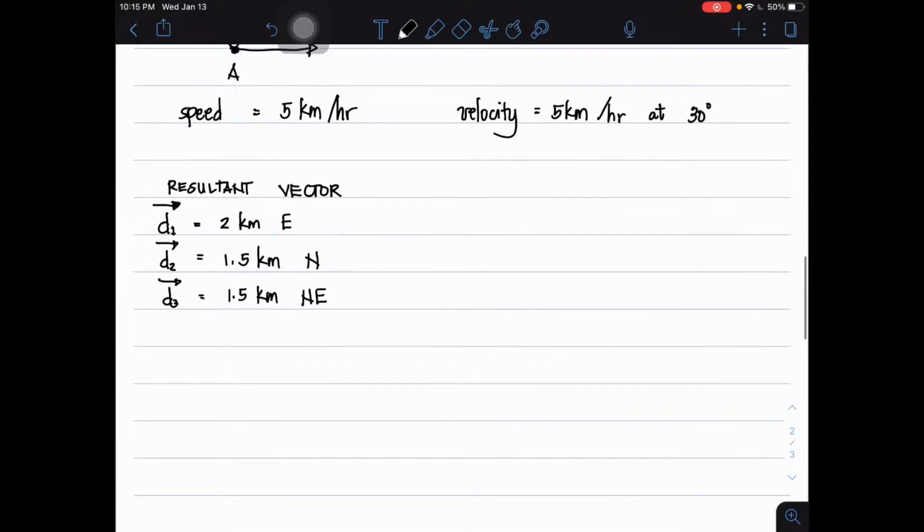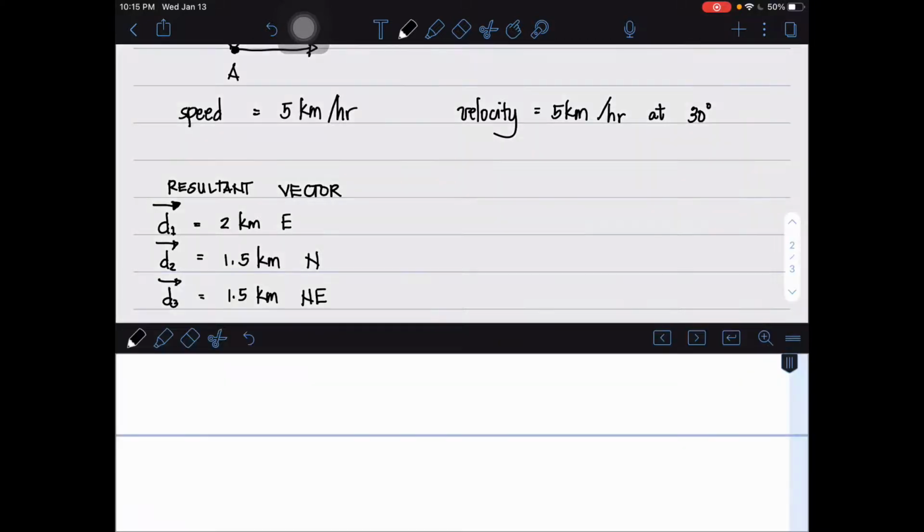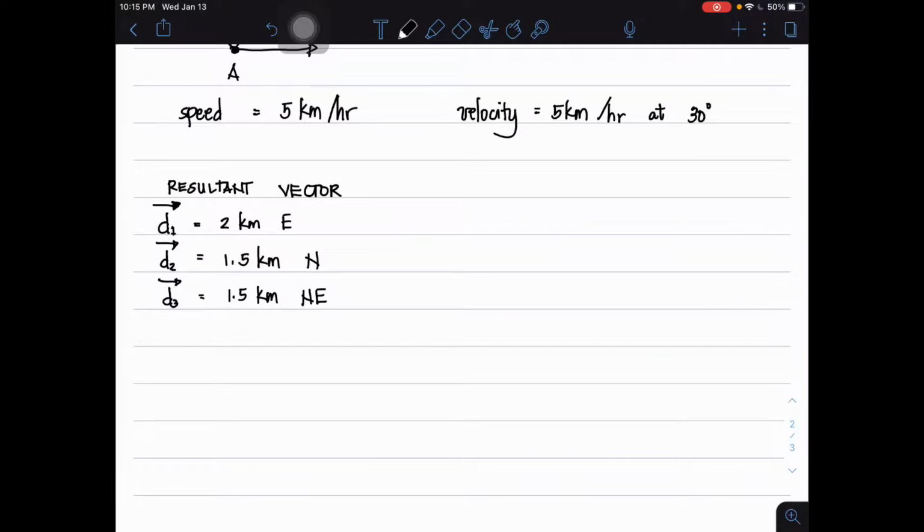So to get the resultant vector, first you have to illustrate it. Let's say this is our point A. This is my point of origin, point A. From this point of origin, I'm going to travel 2 kilometers east.